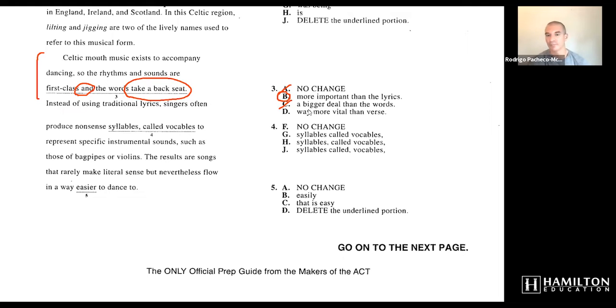A bigger deal can be a couple of different things in terms of meaning. And D, way more vital than verse. It's the word choice for this answer choice, vital and verse, that don't really fit the tone. This is also a bit of an awkward expression, so we would eliminate D. And again, B is our correct answer.